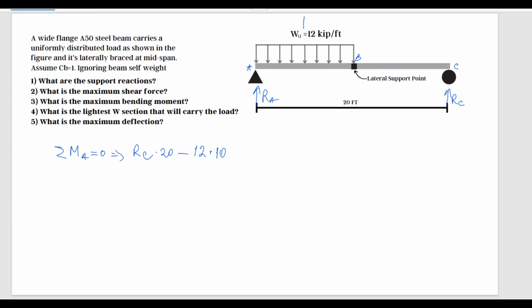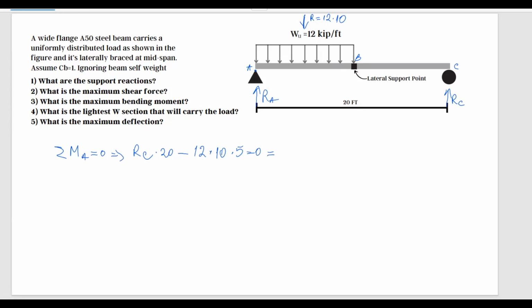That gives me the resultant force. So the resultant is 12 multiplied by 10, and now we also multiply it by the arm, which is 5, equal to 0.